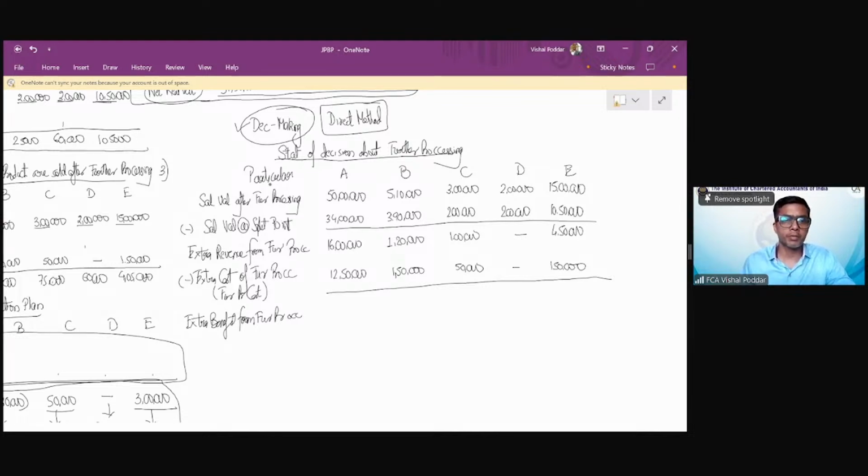Now, what is the difference I'm getting here? 350 positive. What is the difference I'm getting here? 30 negative. 50 positive. Correct? Is it the same difference?